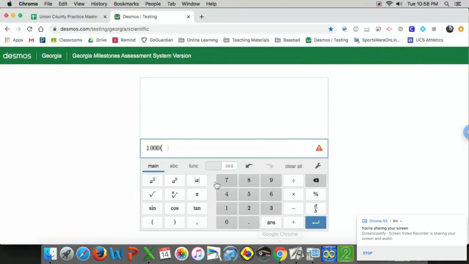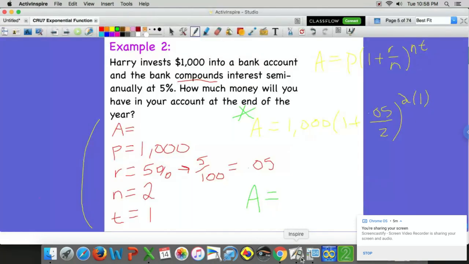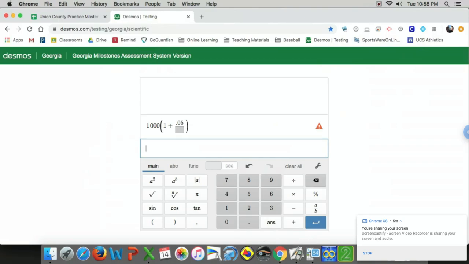So 1 plus 0.05 over, you can use this down here, over 2.